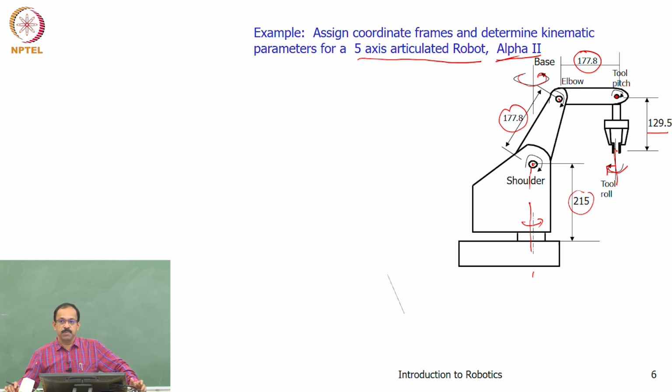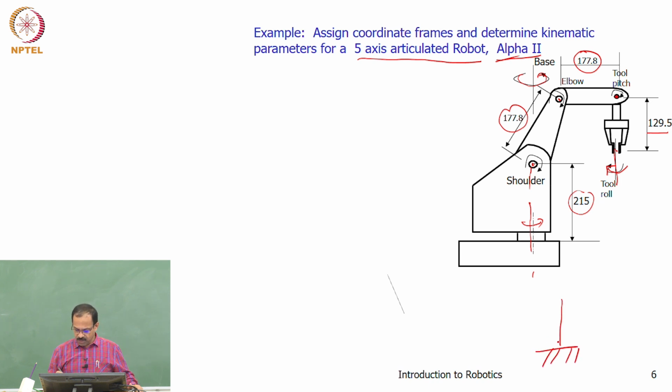So, what is the first step? What? Base frame? Okay. So, the first step, probably, we can make it more like finding a home position, because in all these positions you will have different joint values. So, we will take a comfortable home position and then try to find out the DH parameters. Suppose this is the home position.